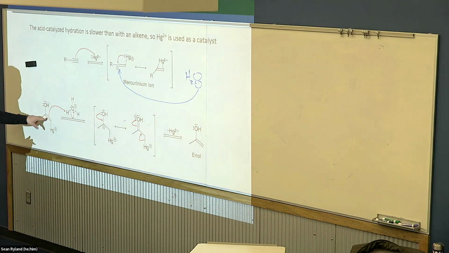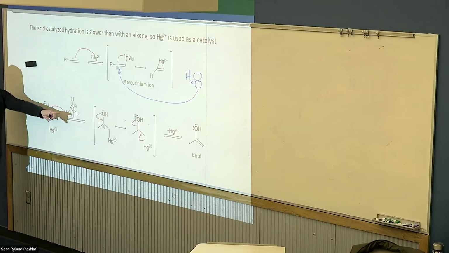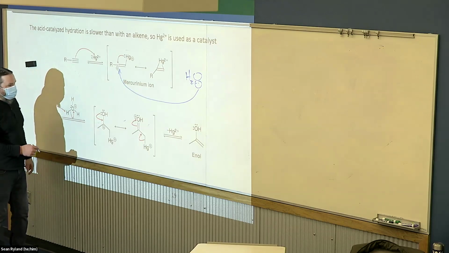So a quick proton transfer breaks the second pi bond to add the water to the same carbon as the mercury. But then that leaves you with a carbocation.